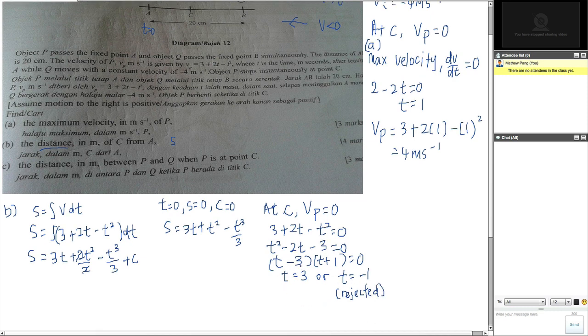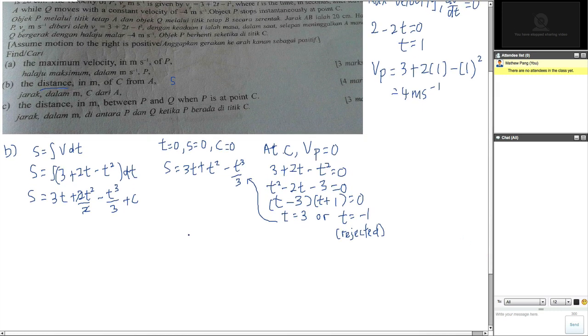Alright, after you got this t, we can substitute back into here to get the displacement of C, because this is going to help us find the distance. So when t equals 3, I substitute.